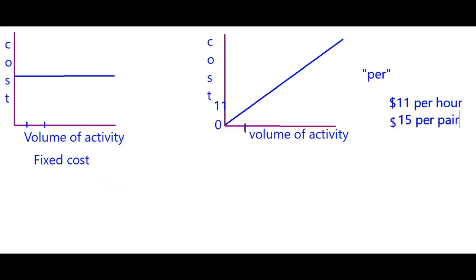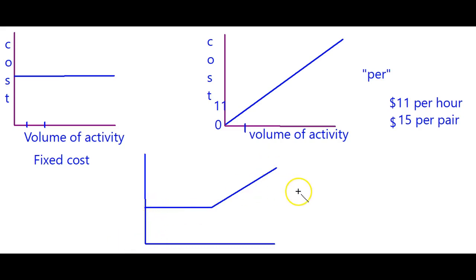Now, there is another cost, which isn't really that much different. It's called a mixed cost. A mixed cost is a combination of the two. I can start off as a fixed cost and then become mixed, or maybe the other way, I become variable. Or I could start off with a variable and then become fixed. The point is that the mixed cost encompasses both.